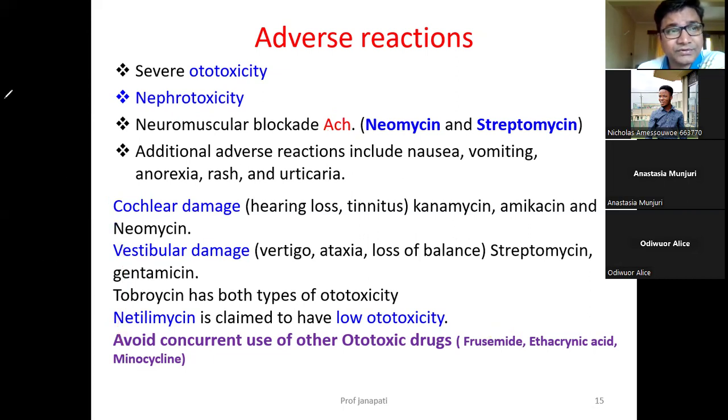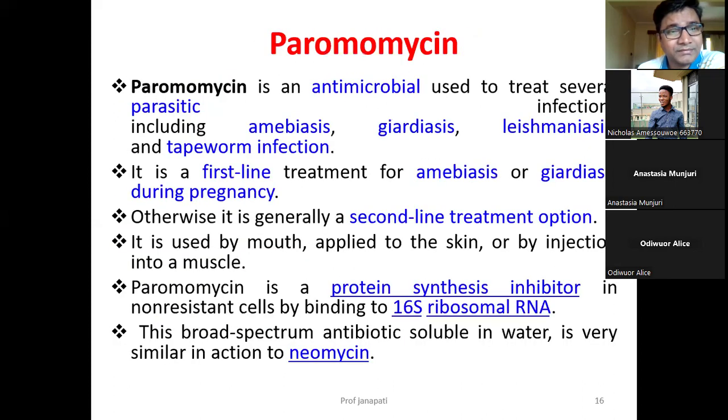Let us learn about paromomycin. This is also one of the important drugs among the aminoglycosides, because it is active against amoebiasis, giardiasis, leishmaniasis, and tapeworm infections.